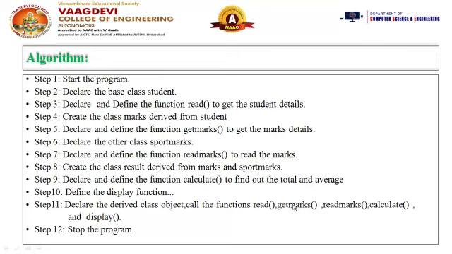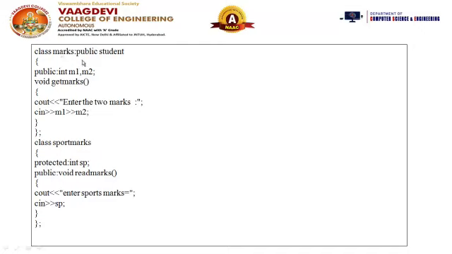At the next statement, a link is established between the marks and student classes. This marks class is a subclass which derives from the student class.